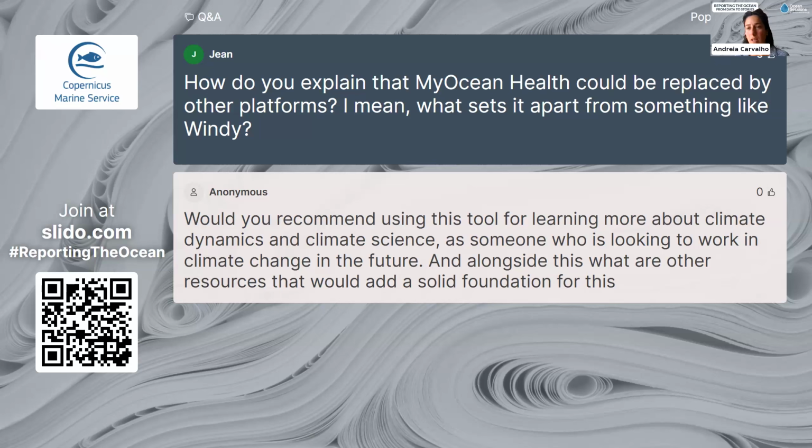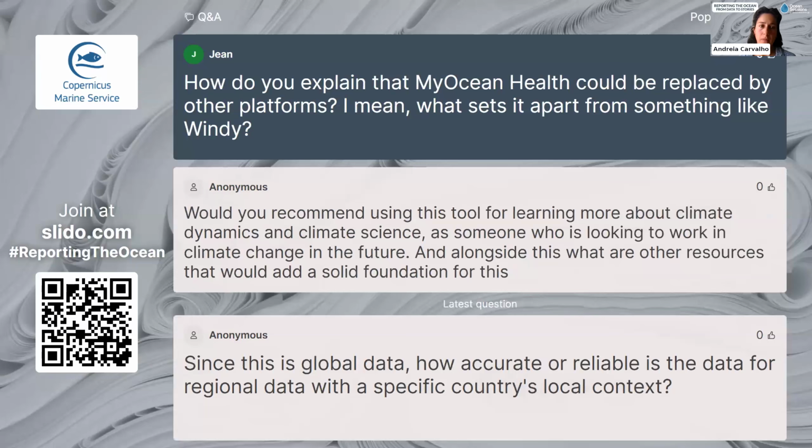So it gives us this climate vision and also this ocean monitoring in a timely way, in a live format. I don't think Windy has this kind of more climate-oriented view. I would say that's the main difference. It's also freely available. In terms of accessibility, definitely. All these resources are freely available.